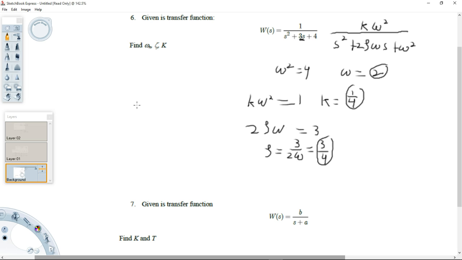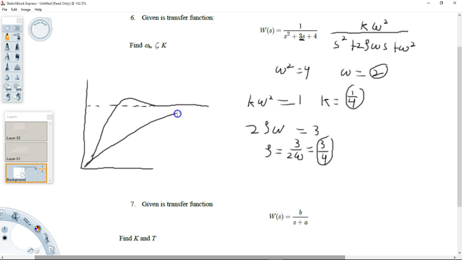Let's recap real quick. What zeta means is the damping ratio of your system. So if I were to draw this out on a curve, you might have something that looks like this, where this is where your system settles. You might have some overshoot, some slight overshoot. So if this was a 1, you'd probably have something that looks like this, or 1.1 or anything that's over 1, that's a critically damped system, and you'll have a smoother curve when going there.